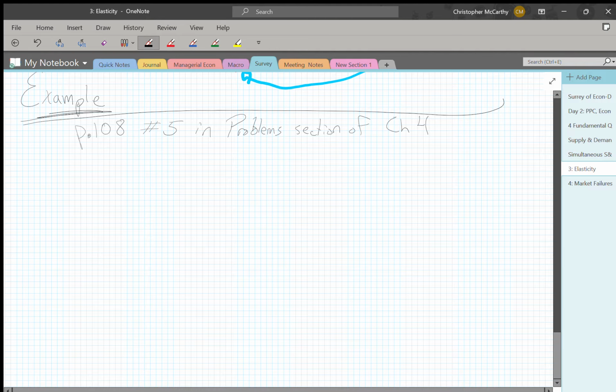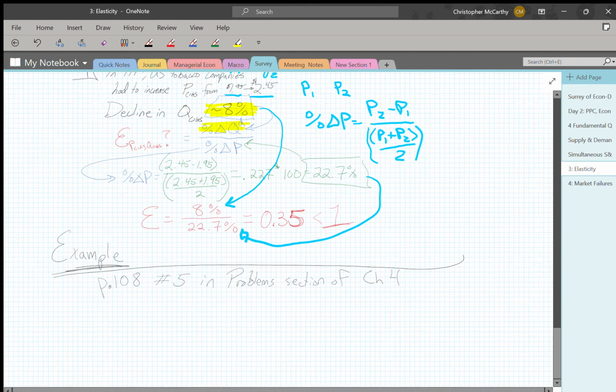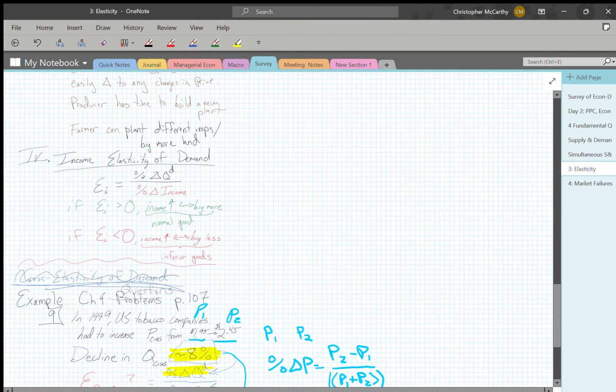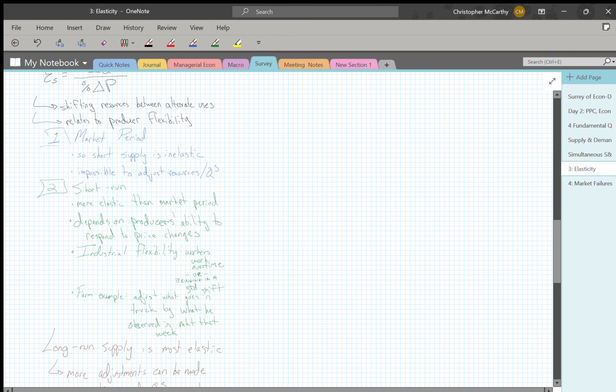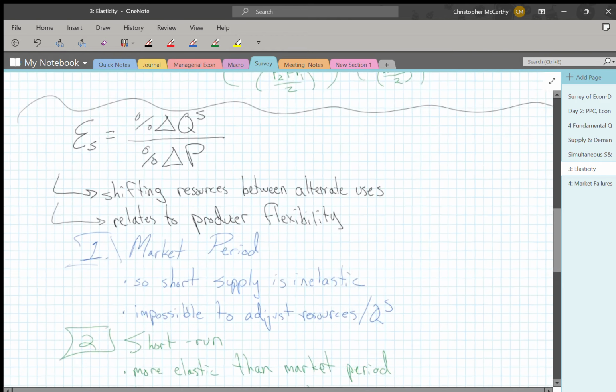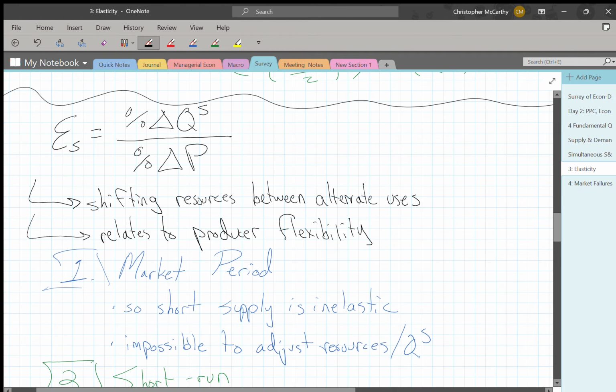All right, so we are asked what's the formula for measuring the price elasticity of supply, right? So that one's pretty easy. We can just go back in our notes and take a look here, and it makes sense because the price is always on the denominator, right? So instead of quantity demanded, it's just quantity supplied.